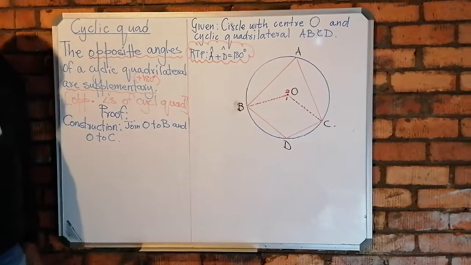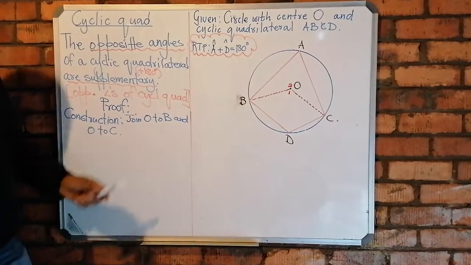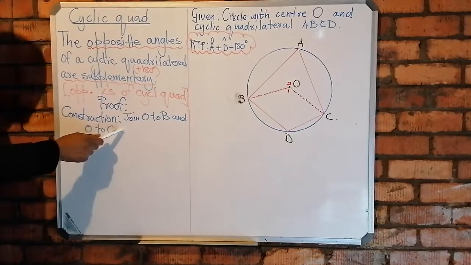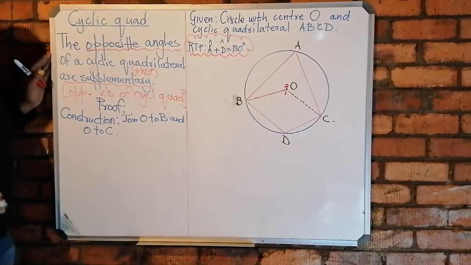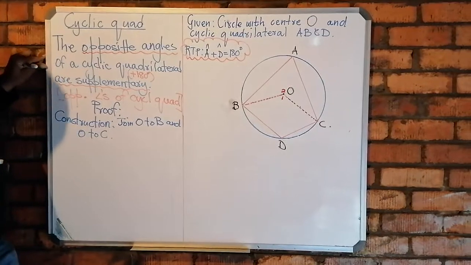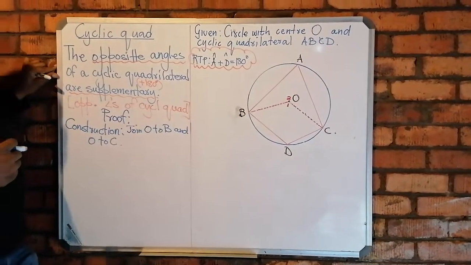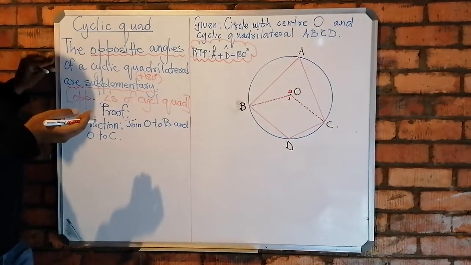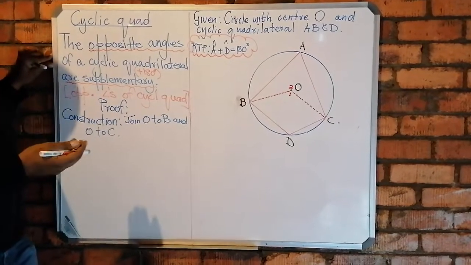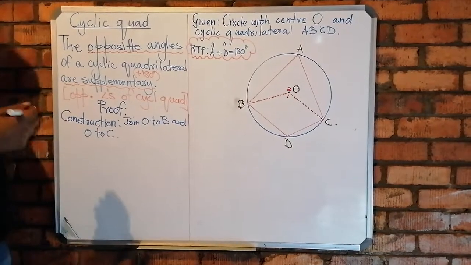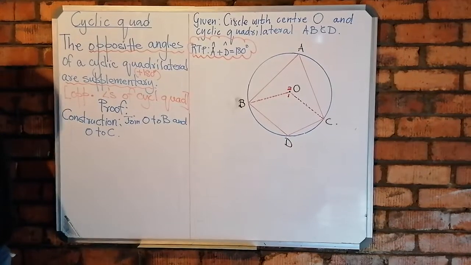Let me refresh your minds on this. Why do we construct? We construct so that we end up having the previous theorem that we know and we have proved in order to prove a new theorem.